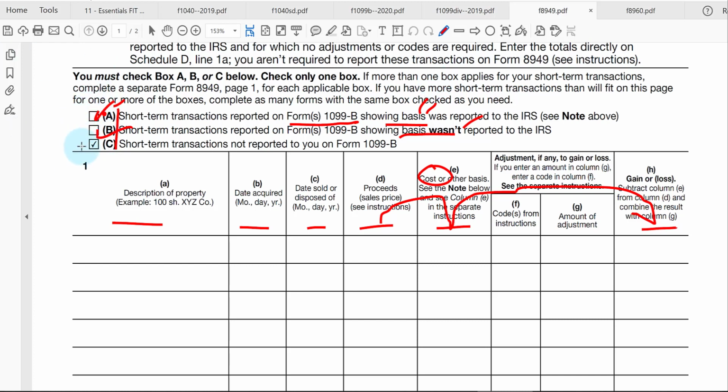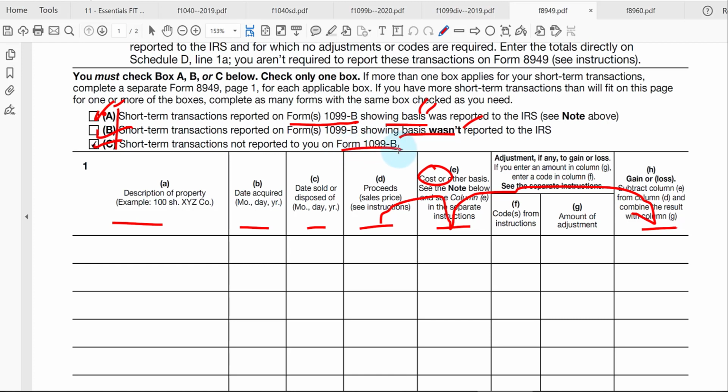Okay, so again, you can check off one of these boxes over here. Only that type of transaction can be reported on this whole page. So if you need another type of transaction, you've got to use another sheet like this. And if you check off C here, that means the transaction wasn't reported at all to the IRS, so no 1099-B was issued by the broker.